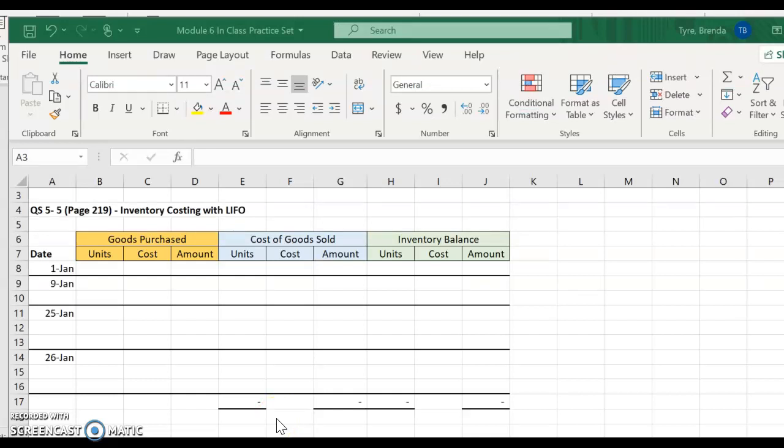Here we're looking at the info from QS 5.4, the same information we used for the FIFO evaluation, but now we're going to do a LIFO valuation. So here again on our goods purchased, is this beginning inventory? Our beginning inventory on January 1st consists of 320 units at a cost of $3. Go ahead and do that extension again.